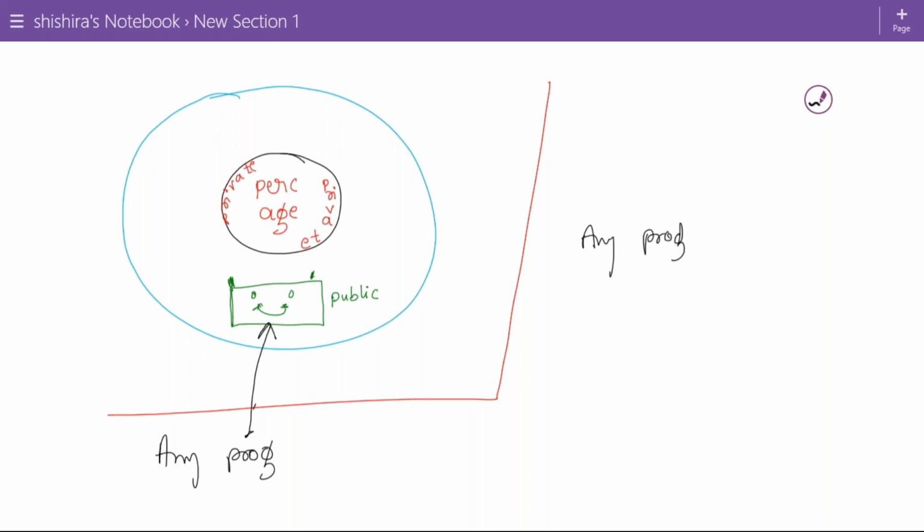Public can be accessed in any program, outside the class, outside the package, anywhere outside. My data member is private. Observe, this is private, this is private. Hence, my percentage and age cannot be accessed outside, but they can be accessed within the class.